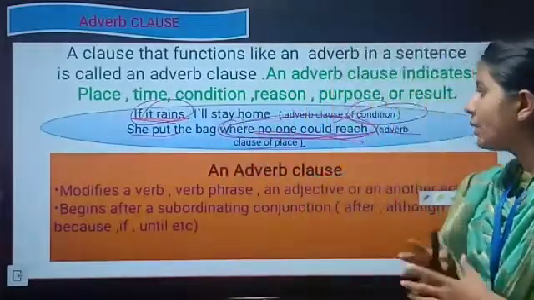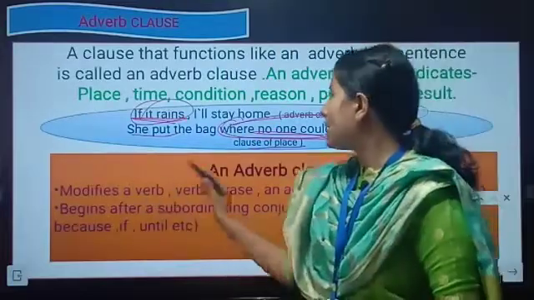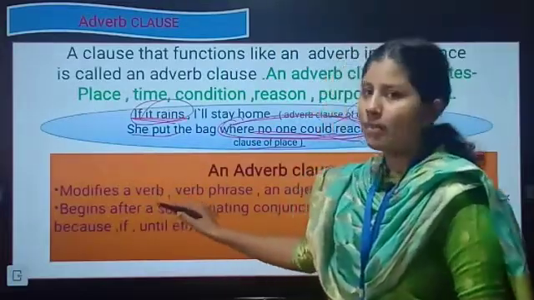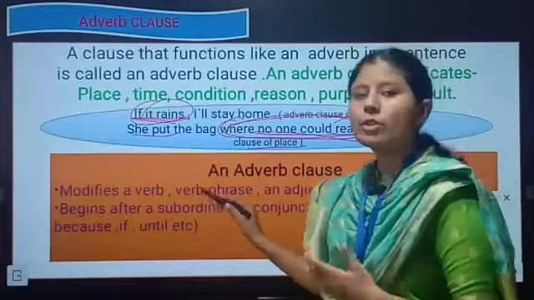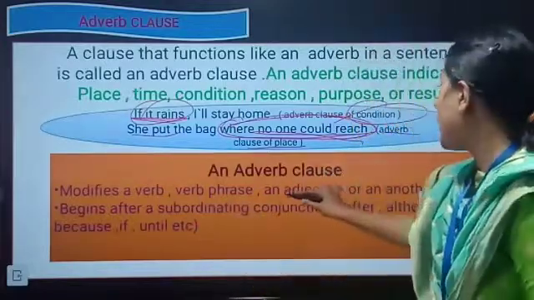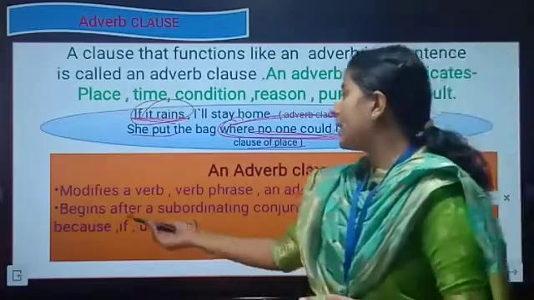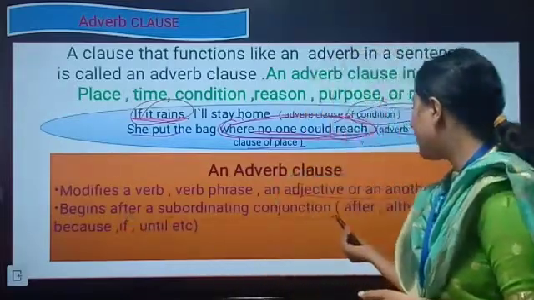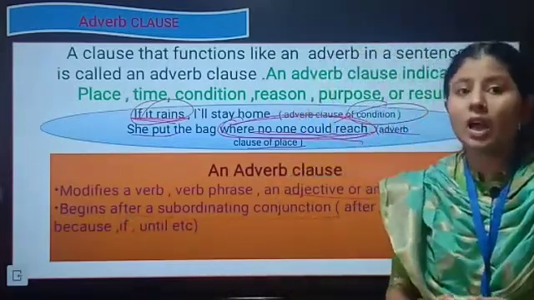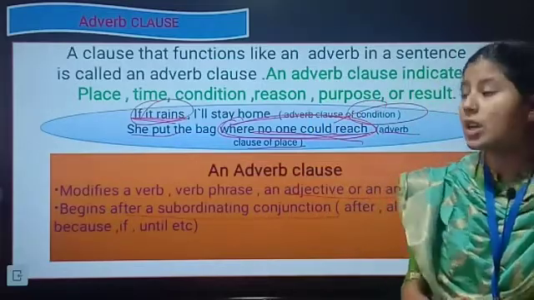Now let's understand more clearly. An adverb clause modifies a verb, as I already told you. It also modifies a verb phrase or adjective or another adverb. It begins with a subordinating conjunction. Now what are the subordinating conjunctions?